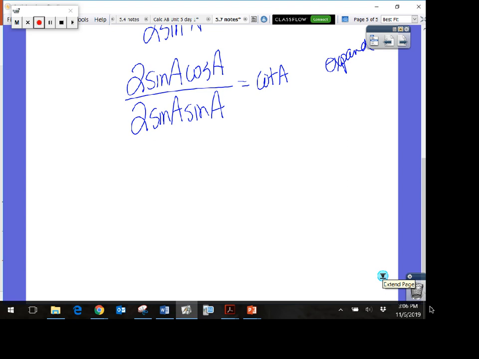Cosine A divided by sine A is cotangent A, equals cotangent A. I did two things there: divide, and I used the ratio ID. Because the 2 divided by 2 and the sine A divided by sine A was divide, and then the cosine A divided by sine A was divide, but more particularly, it was the ratio ID.